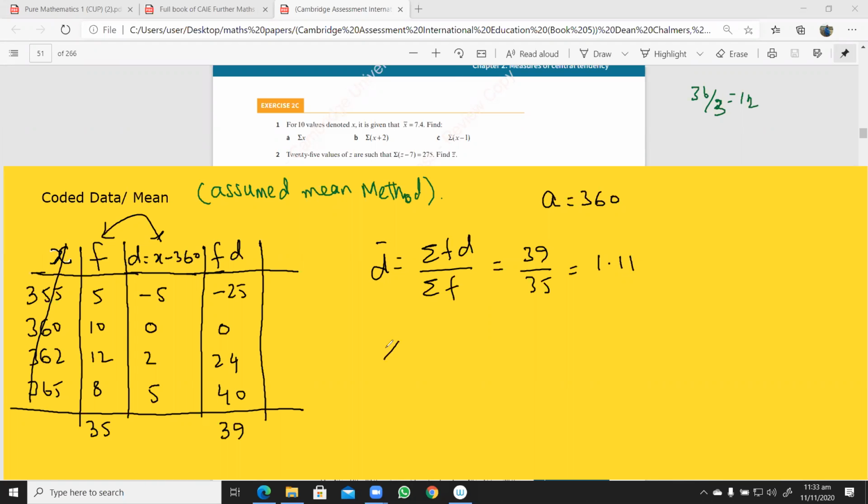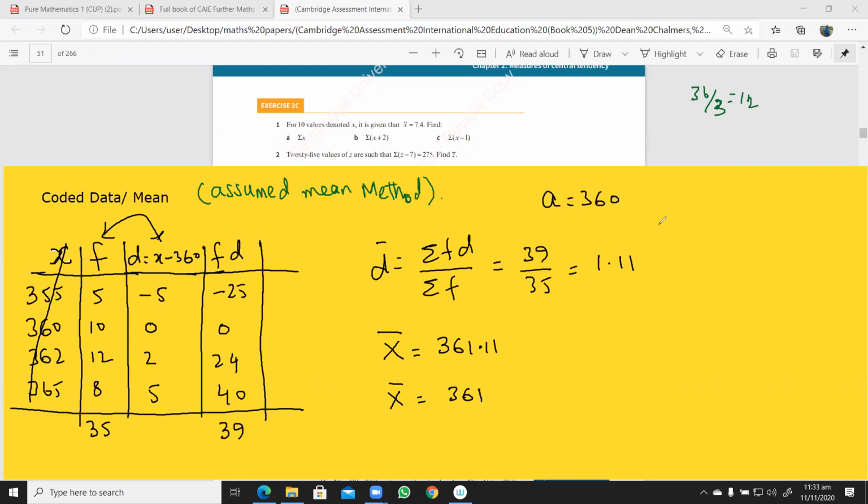1.11. So what is the original mean? That is 361.11. Or if I want to keep this correct to three significant figures, that is going to be 361. So remember the rule that you have to suppose a number yourself.